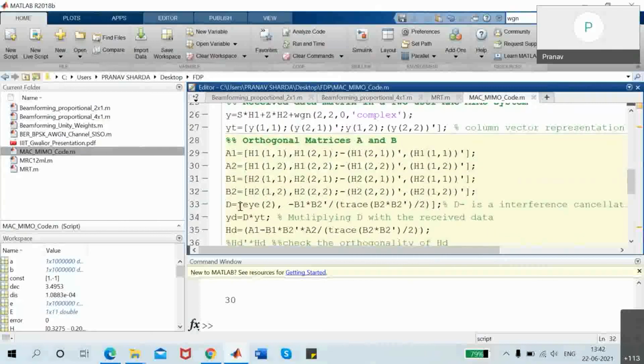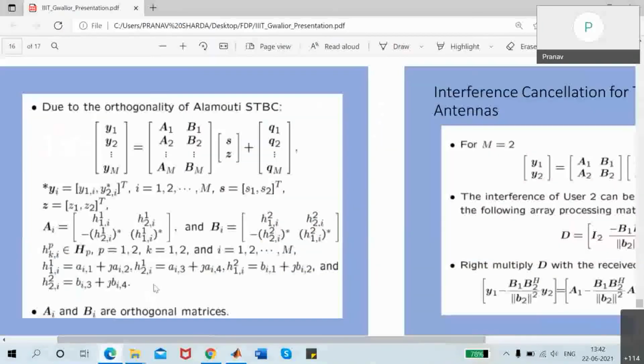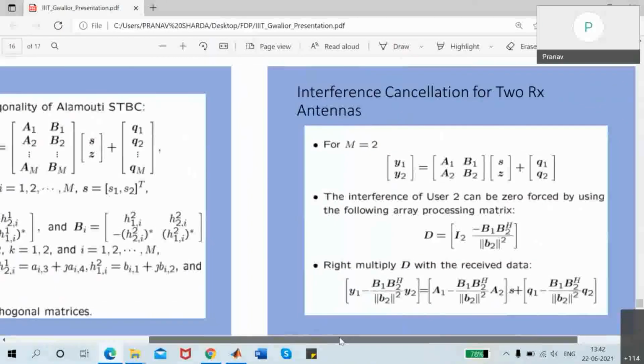As I mentioned earlier, both users are transmitting simultaneously, so the effect of interference is heavy in this particular transmission scenario. To cope with that interference, we generate a matrix D. Let me first show it to you theoretically on this slide.